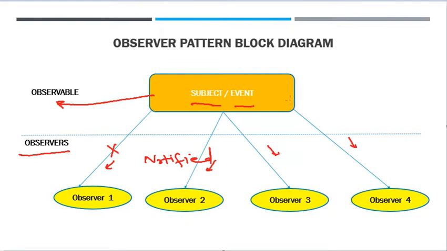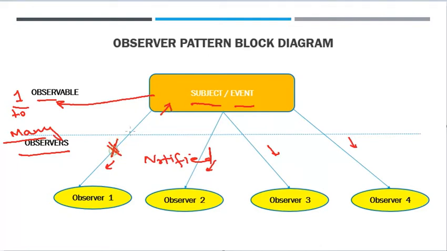So the relationship between the observable or the subject and the observers is one to many. For one observable or one subject, there can be many observers. As I said before, we can add observers to the subject, and we can remove them.